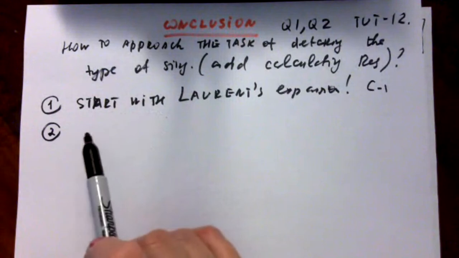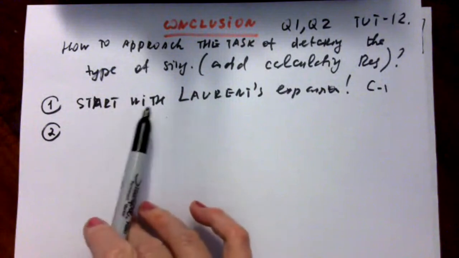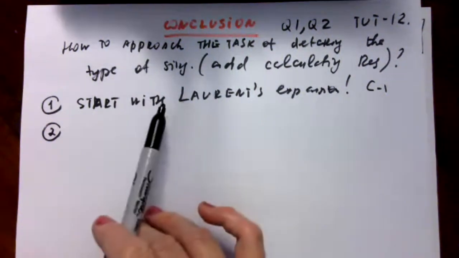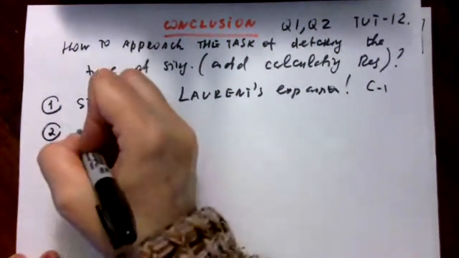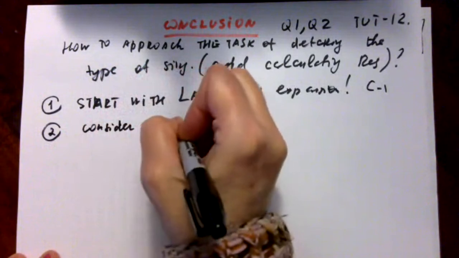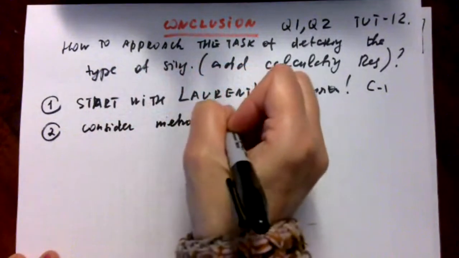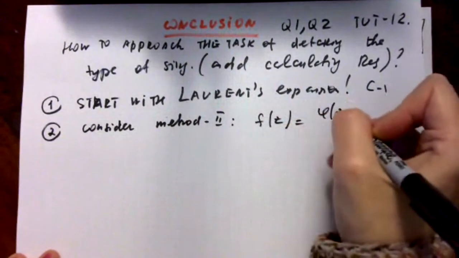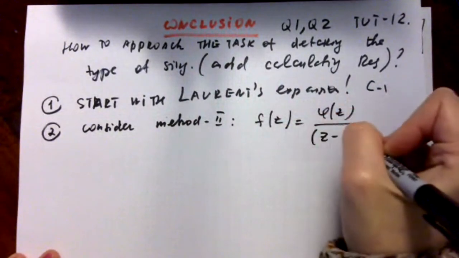If however you find your function a little bit difficult to expand, or maybe absolutely impossible, then consider method 2. Method 2 consists of determining if your function has this special structure or not.